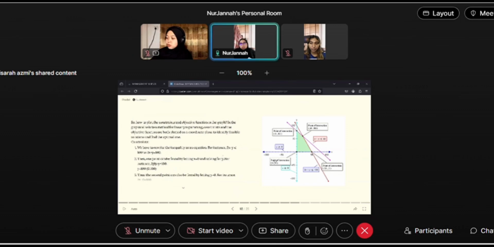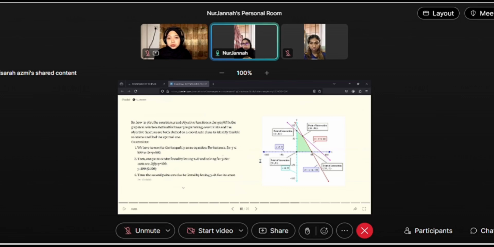This will be 60,000 equals 30 multiplied by 0 plus 40y, and y equals 1,500, and the point we get is x 0, y 1,500. Then we do the same with y equals 0, and the point we get is x equals 2,000 and y is 0.